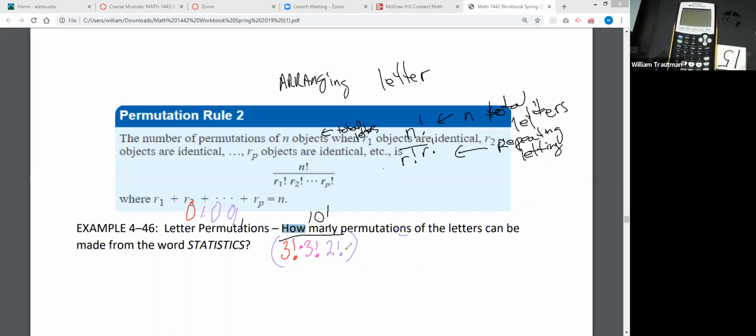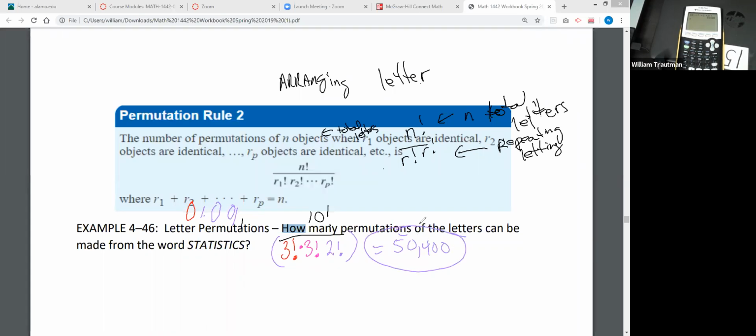So 10 factorial divided by 3 factorial times 3 factorial times 2 factorial. When I hit enter, I get 50,400. So there are over 50,000 ways to arrange the letters in statistics.